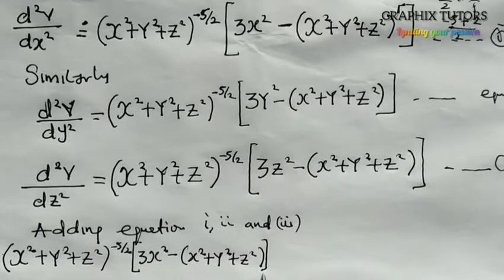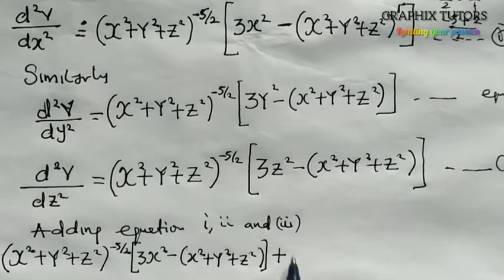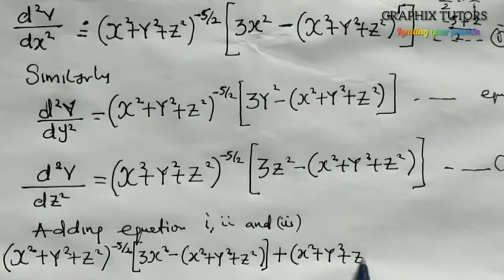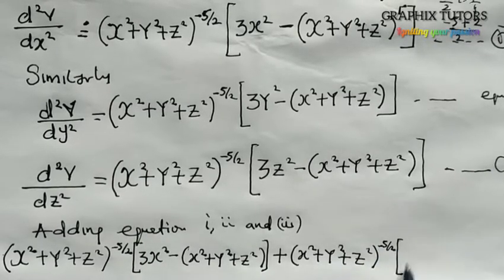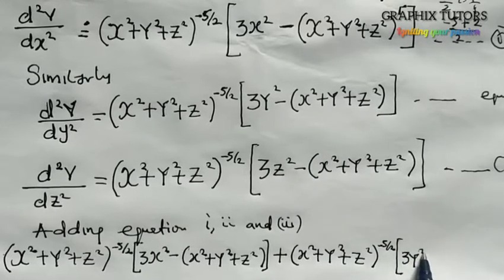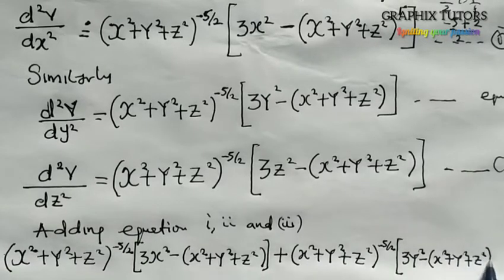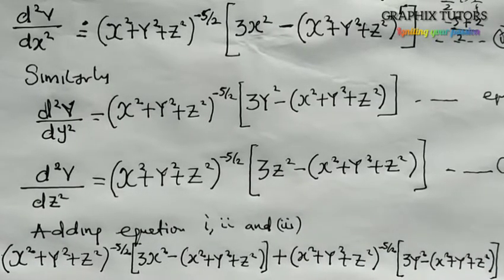I'll close the bracket back. That's for equation 1. So we should add it together with equation 2, that says x square plus y square plus z square to the power of minus 5 over 2, open this bracket here, we have 3y square minus x square plus y square plus z square, and that's what we have here, right?